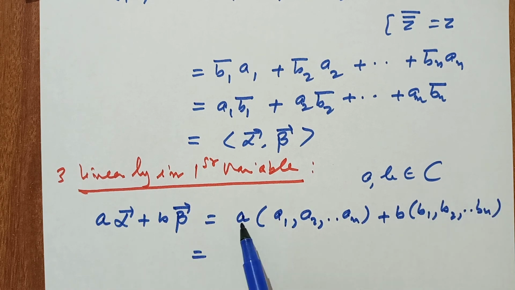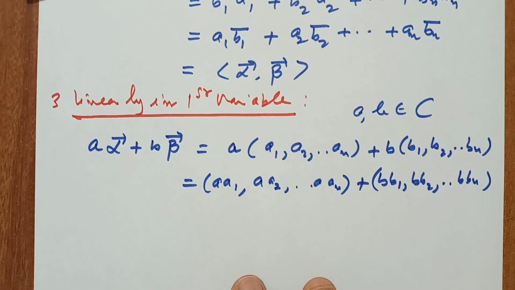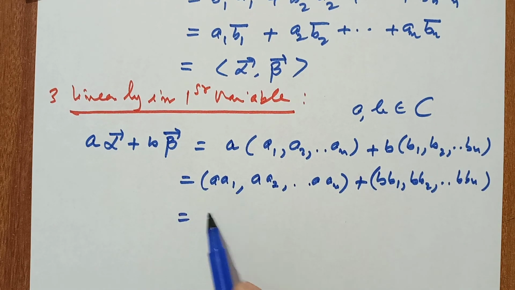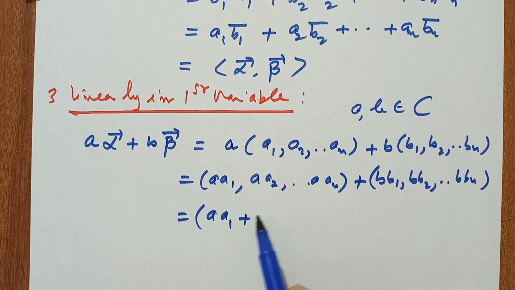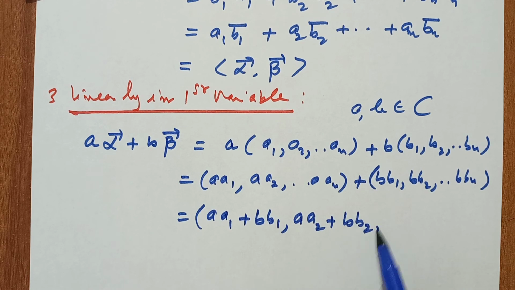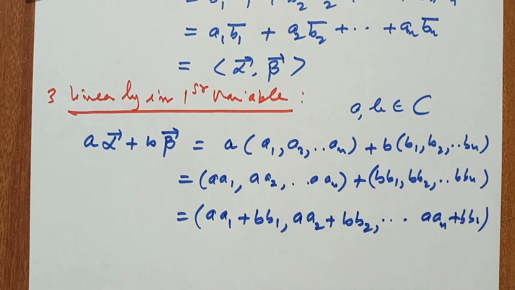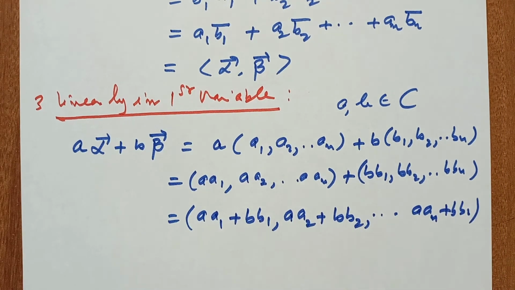As we know, this means (aa1, aa2, up to aan) plus (bb1, bb2, up to bbn). By the property of addition, first aa1 plus bb1, comma, aa2 plus bb2, up to aan plus bbn. Okay, so this is a alpha plus b beta.